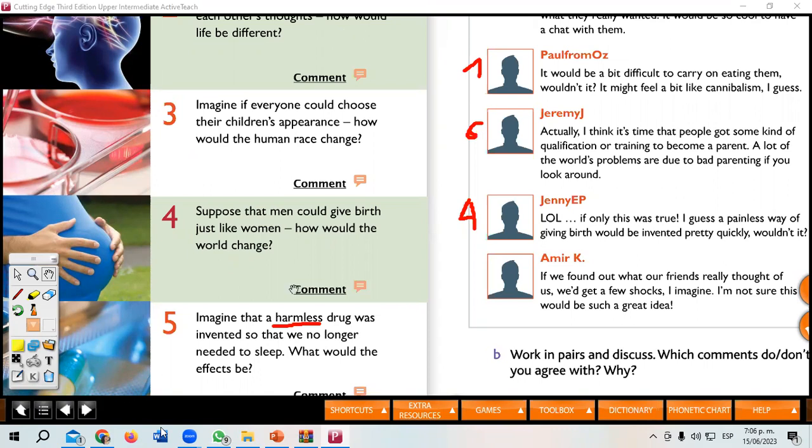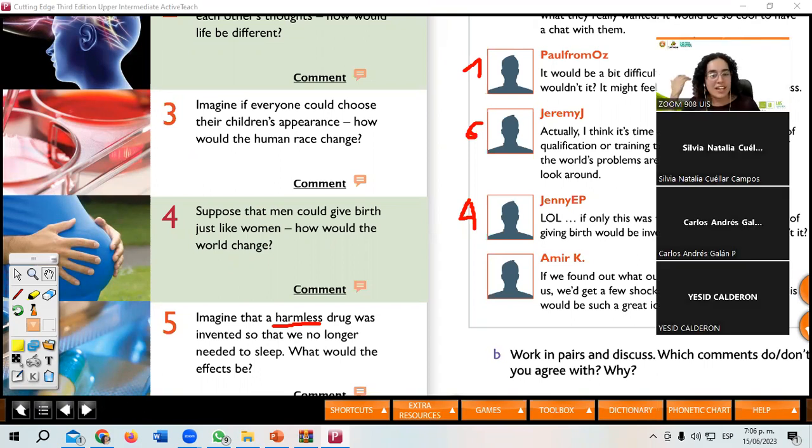Natalia says there will be fewer children in the world. Men are not very brave with pain. In my experience, I agree. Men don't handle pain as well as women. That's what I think. I don't know if the men in the class have a different opinion. Do you agree? Do you disagree?